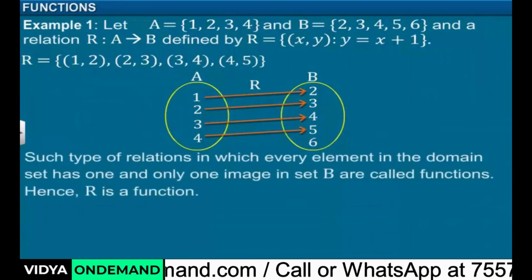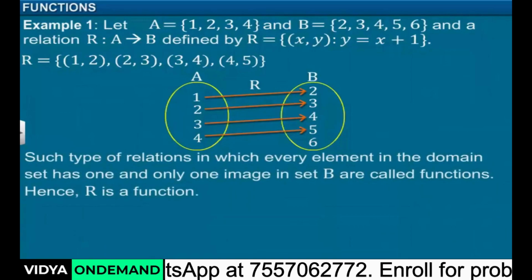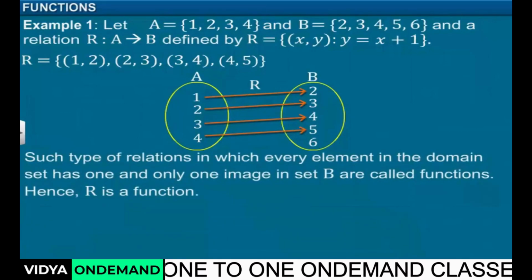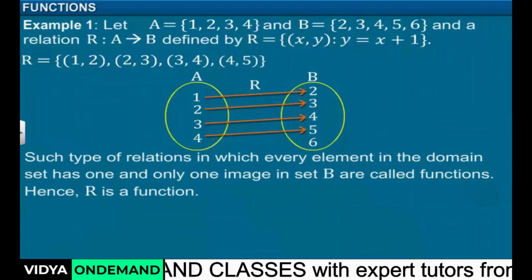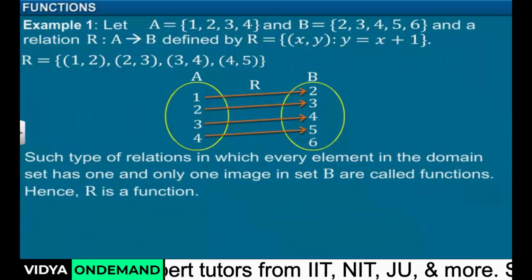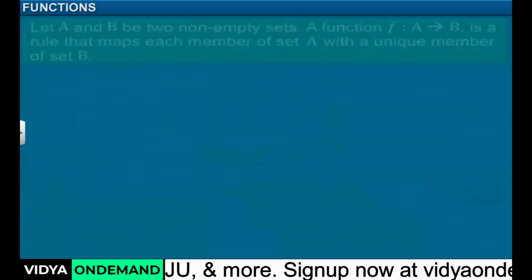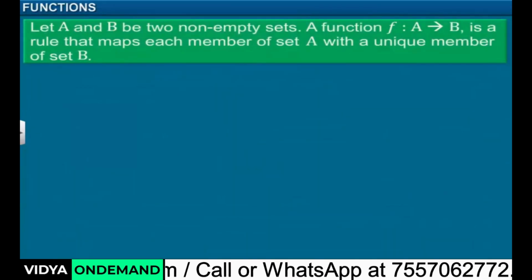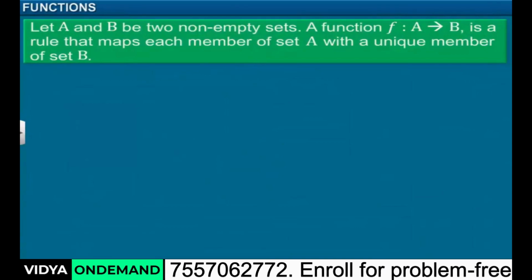Such type of relations in which every element in the domain set has one and only one image in set B are called functions. Let's now define function mathematically. Let A and B be two non-empty sets.